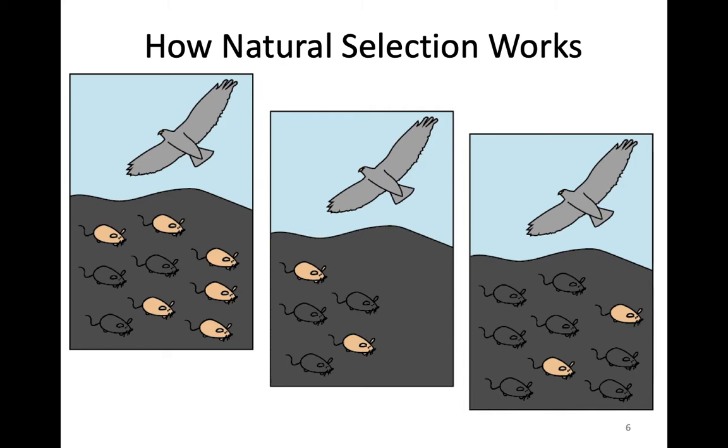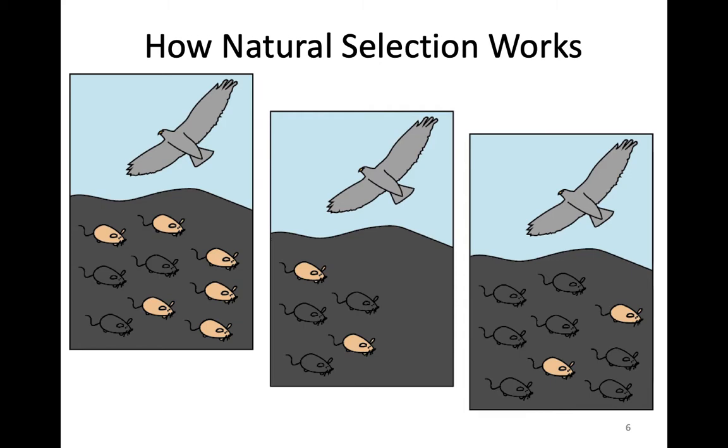Well, because the hawks can see and catch the tan-colored mice more easily, you have a larger number of the tan mice that get eaten, okay? And the black mice don't get eaten.